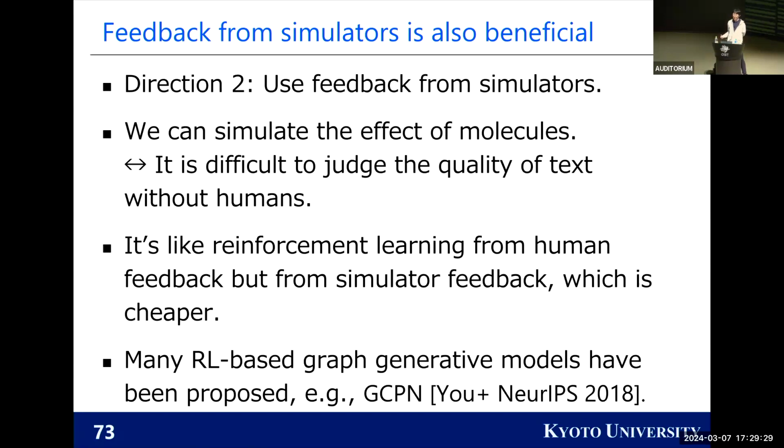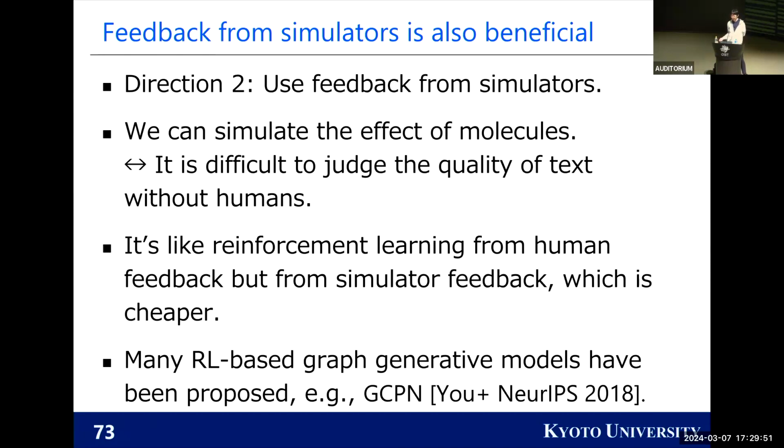But by using off-the-shelf simulators, we can predict the performance or what will happen when we use molecules. So this is a characteristic of molecular design, and we can adapt approaches like reinforcement learning from human feedback, but from simulator feedback.